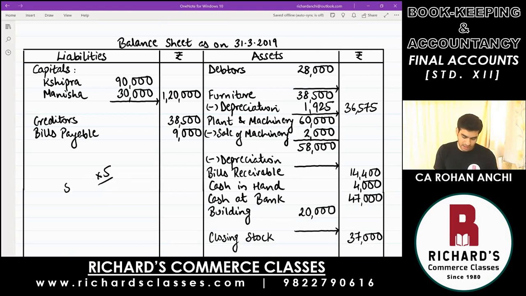So take 58,000 into 5%. The new balance of plant and machinery after making that change is 58,000. On that, you take 5%. 2,900. Deduct and tell me in the outer column. 55,100.